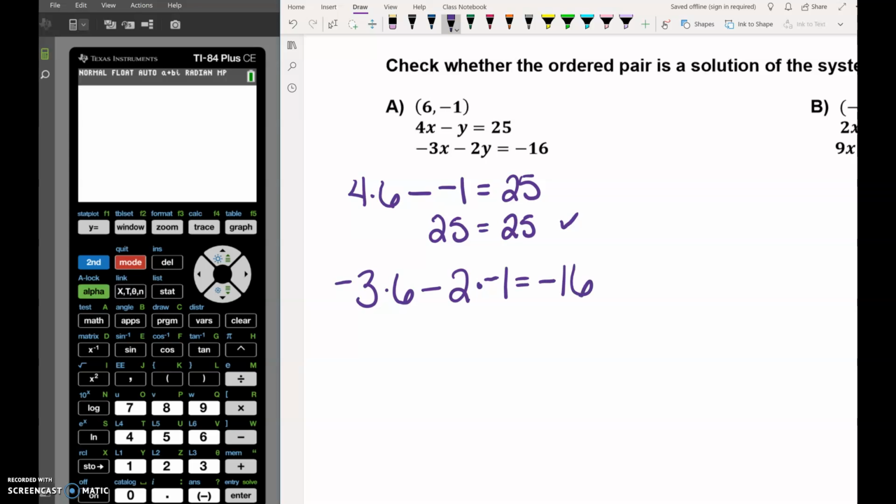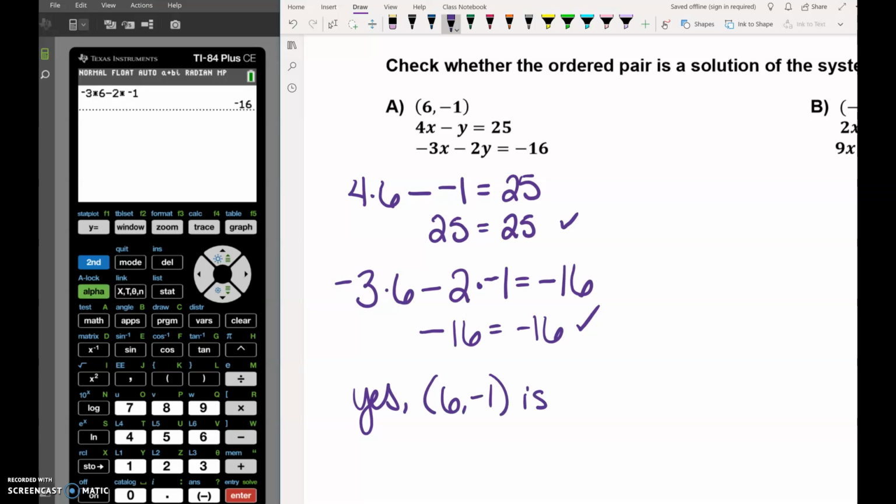And we have to see if that one equals -16. We get -16 equals -16. That works. So yes, the point (6, -1) is a solution.